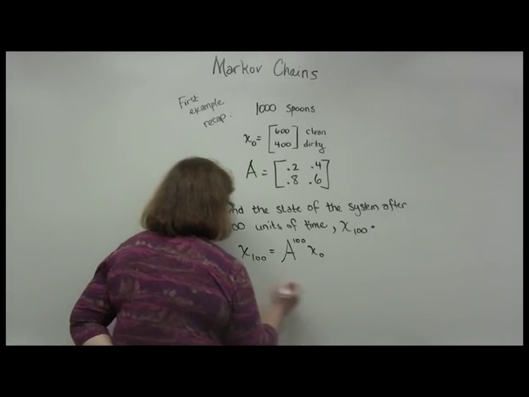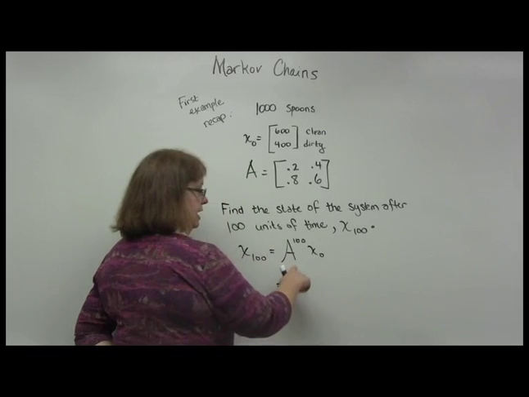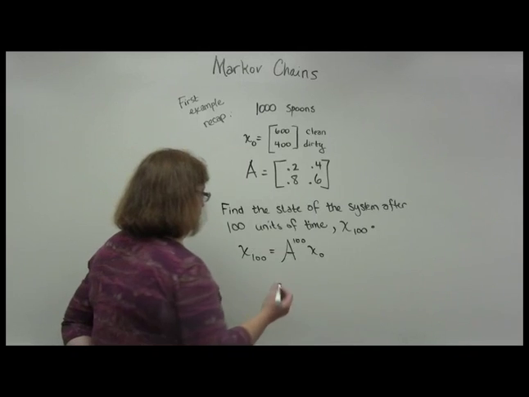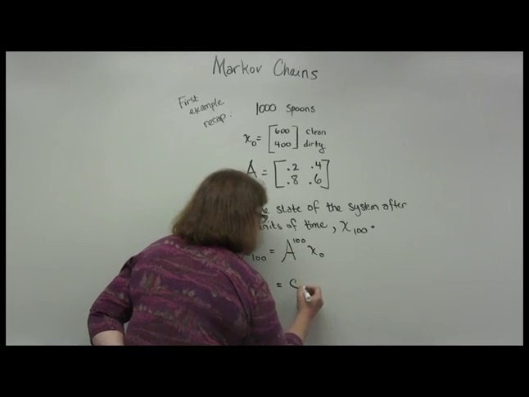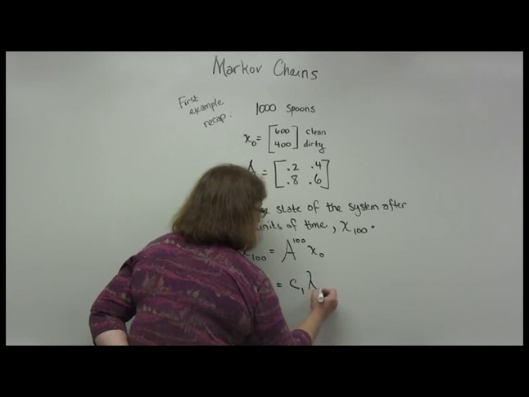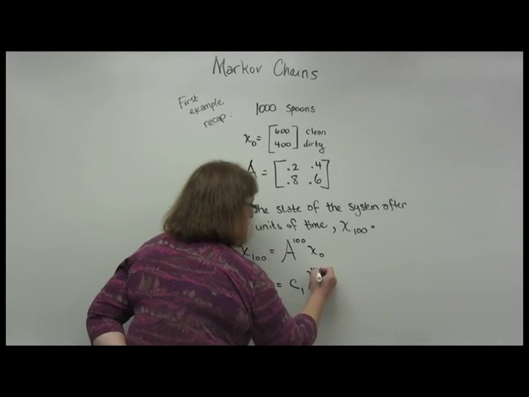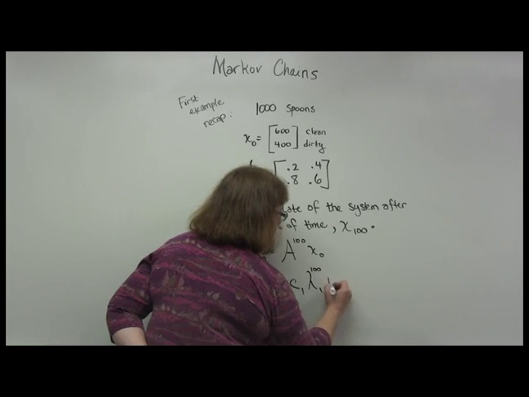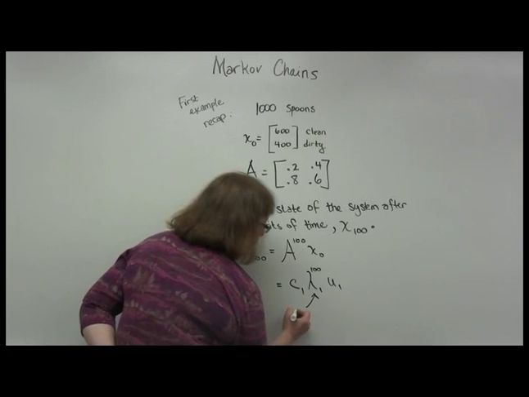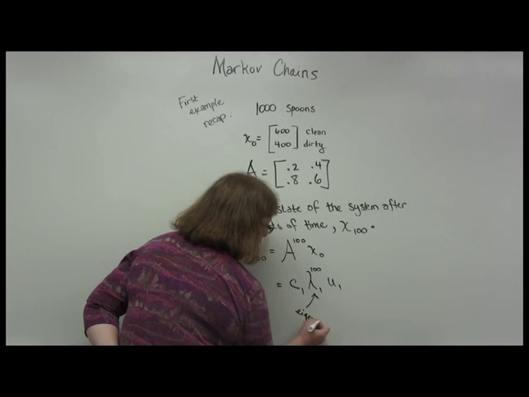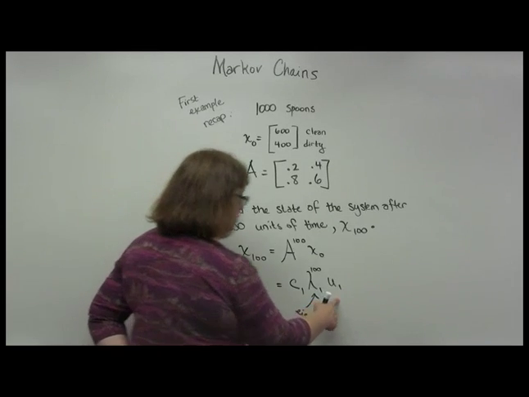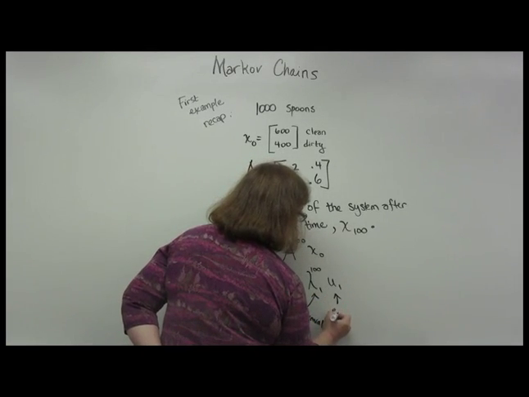And the way that's going to work is, instead of doing A to the 100th, I'm going to figure out my eigenvalues and eigenvectors. So I'm going to get, using the previous derivation that I did, c sub 1 times lambda sub 1 to the 100th times my u sub 1. Now that's where this lambda is an eigenvalue, and the u is the eigenvector corresponding to that eigenvalue.